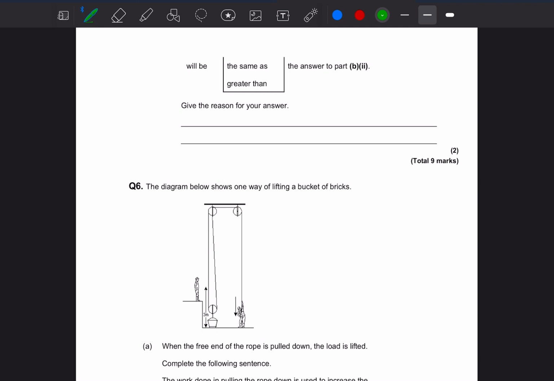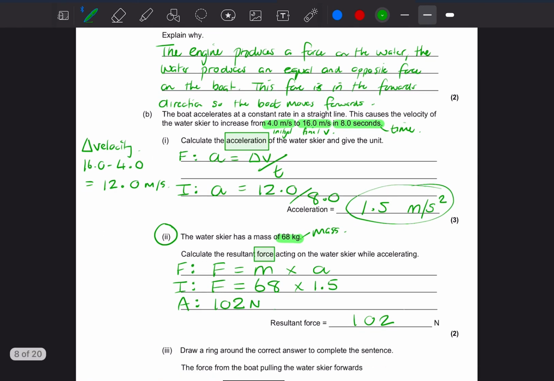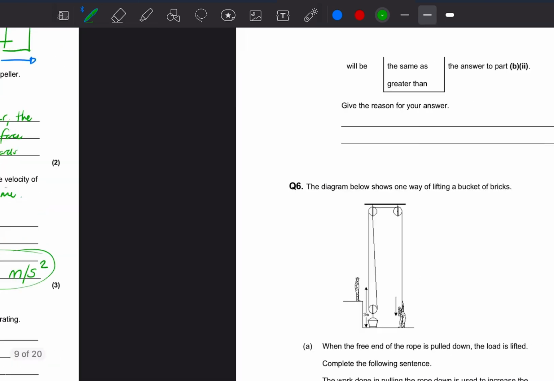So the force from the boat is going to have to be greater than.